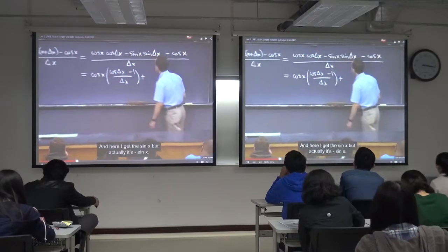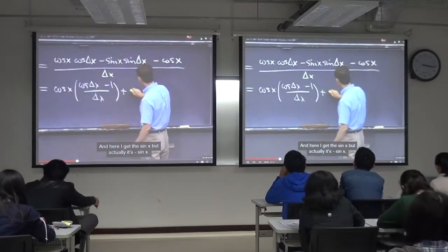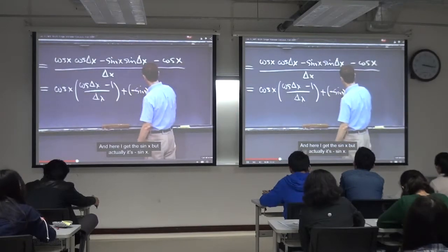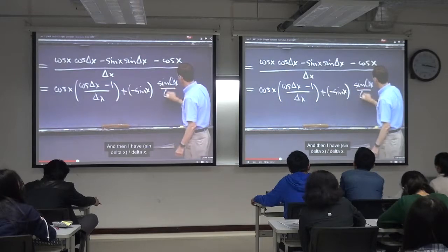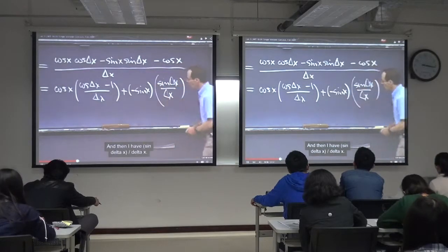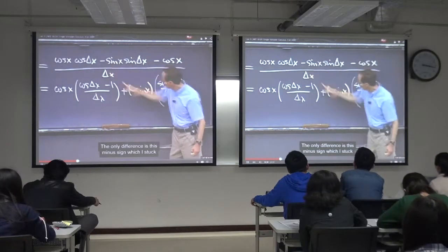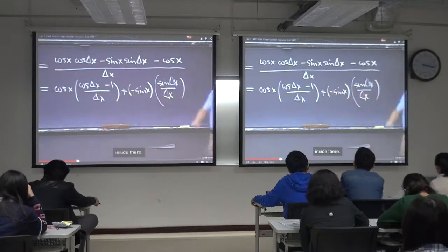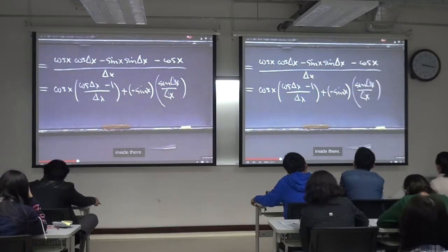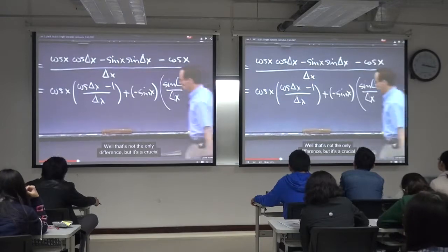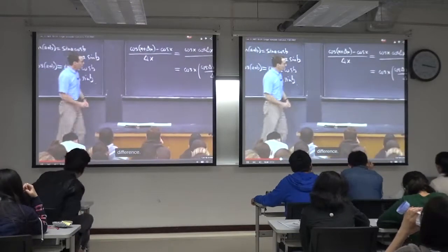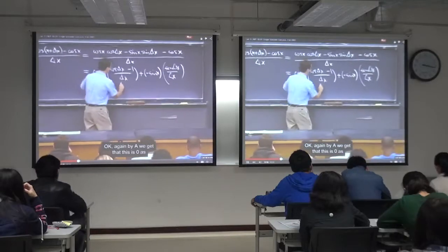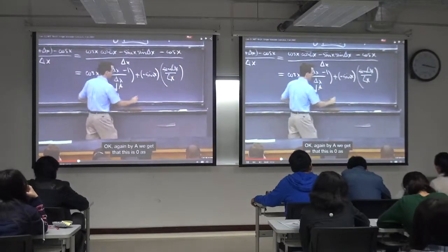And here I get the sine x, but actually it's minus sine x. And then I have sine delta x. All right? The only difference is this minus sign. So that's not the only difference. It's the crucial difference. Okay, again, by A, we get that this is 0.